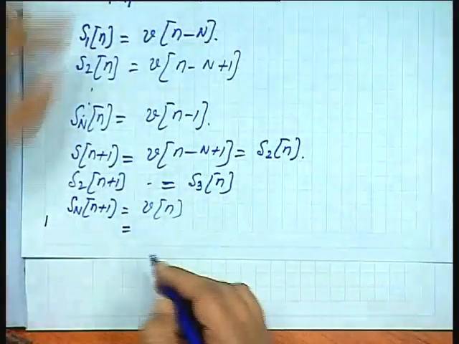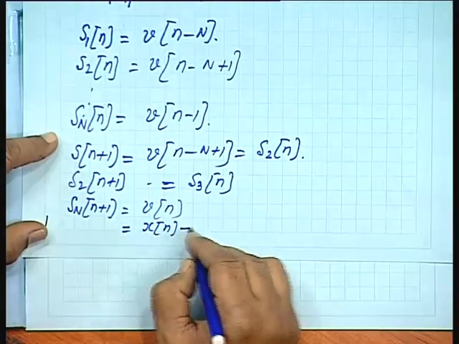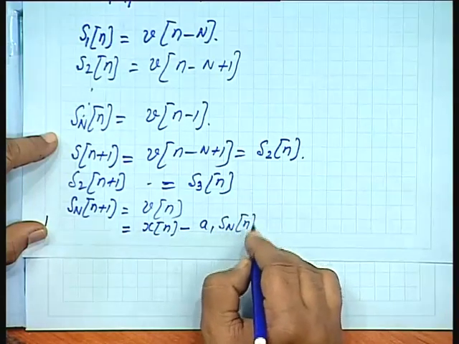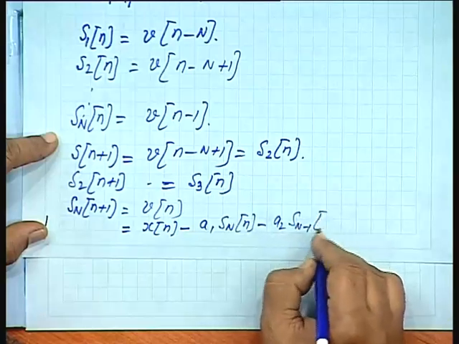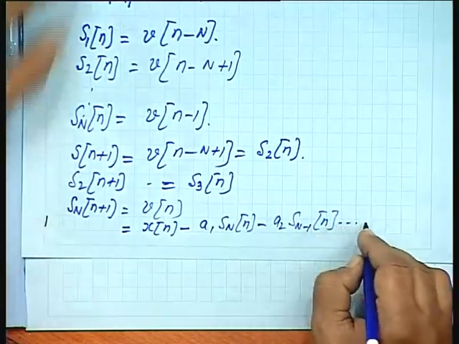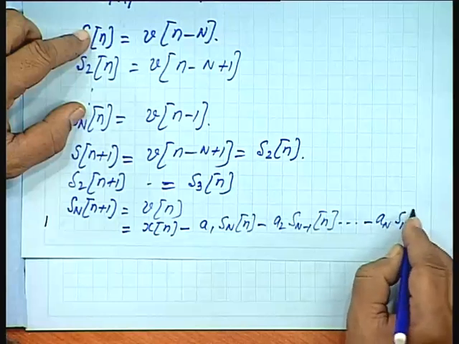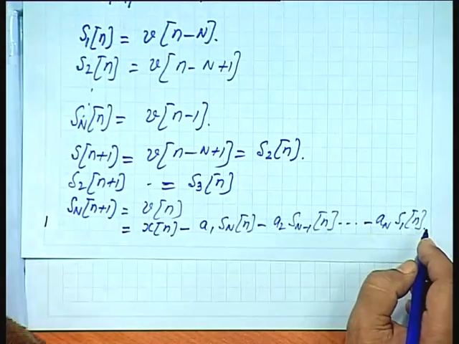So, I can write this as xn minus a1 into Snn minus a2 into Sn minus 1 n minus an S1n. Correct me if I am wrong. Is it all right?